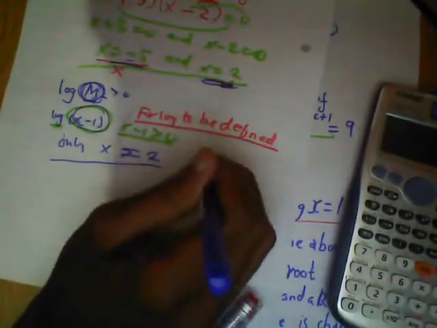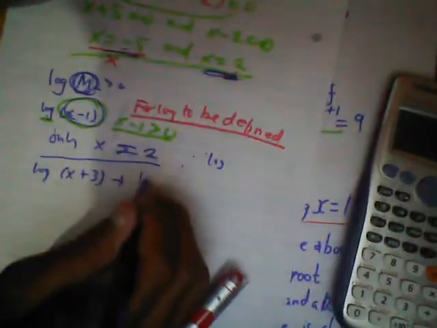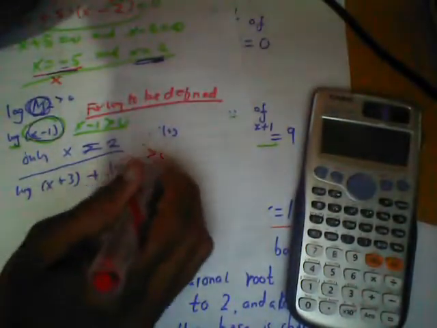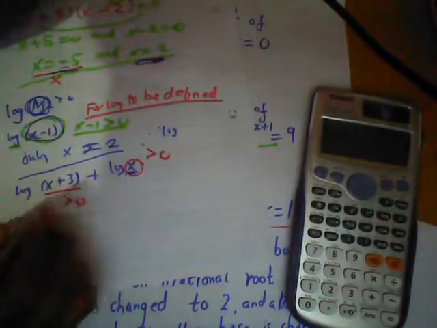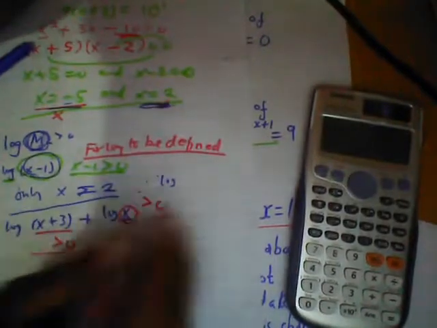Because for the log, x plus 3 plus log of x, this value must be greater than 0, and all this must be greater than 0 when you plug it in. You have already plugged in and seen. So our solution is only x equal to 2.